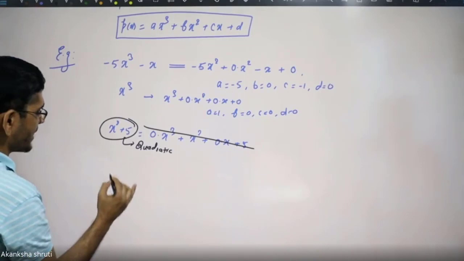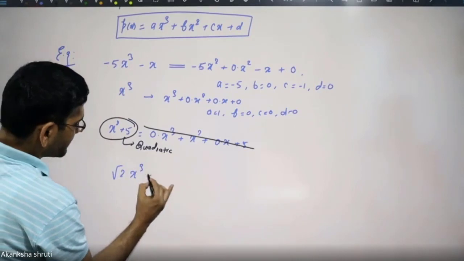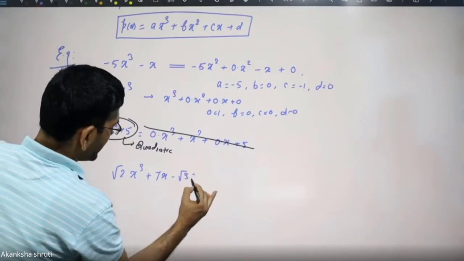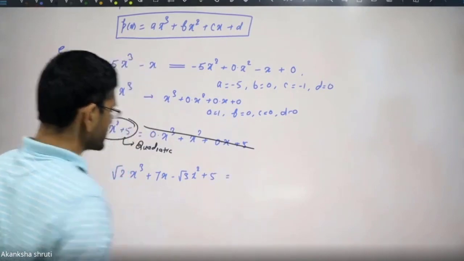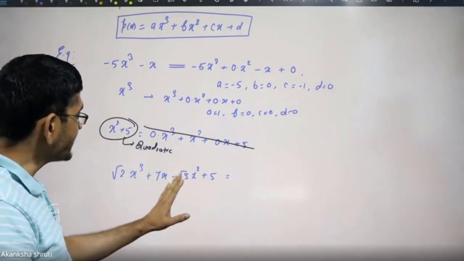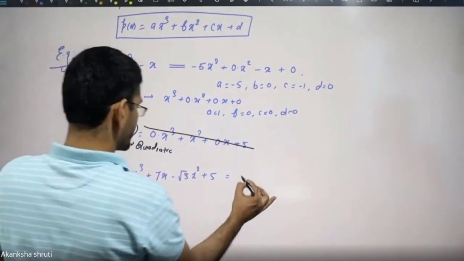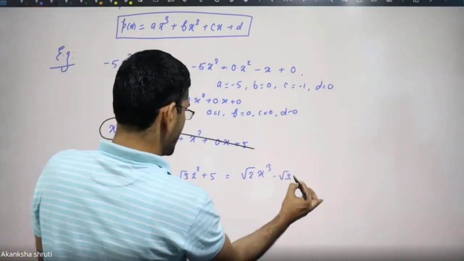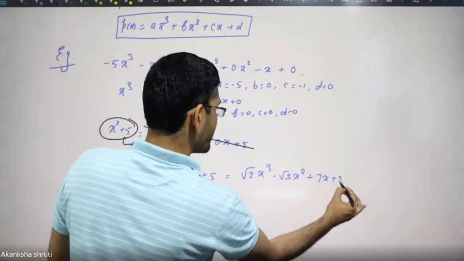Let us take one more example. Say root 2 x cube plus 7x minus root 3 x square plus 5. Is it a polynomial or not? Yes, students, though it is not written in standard form. So for the comparison and finding these coefficients, we need to first rearrange in descending power of x. So we write this first as root 2 x cube minus root 3 x square plus 7x plus 5.